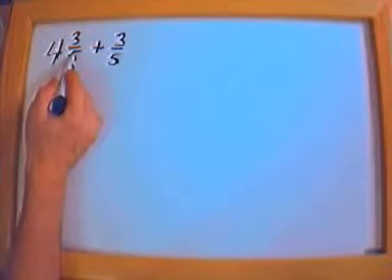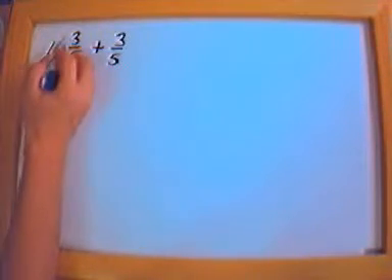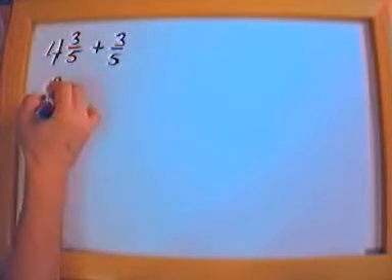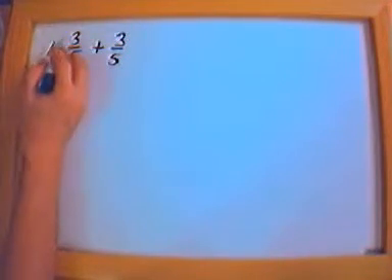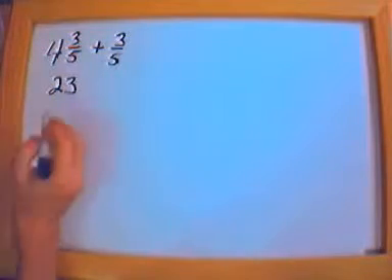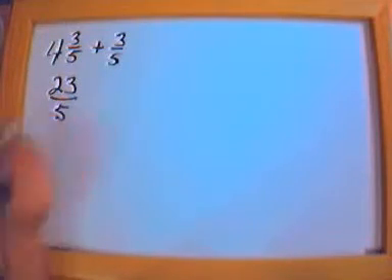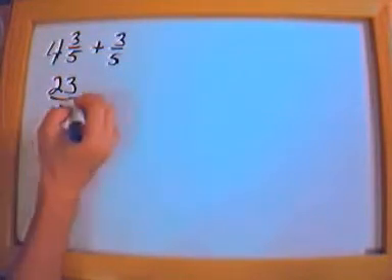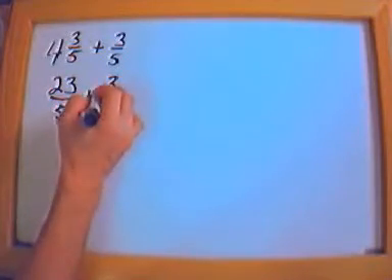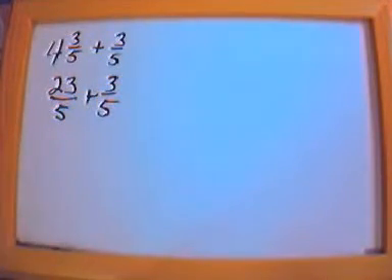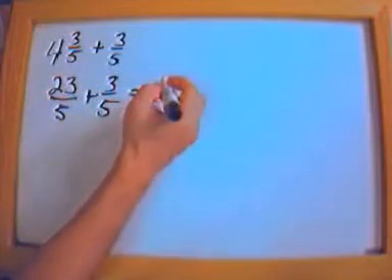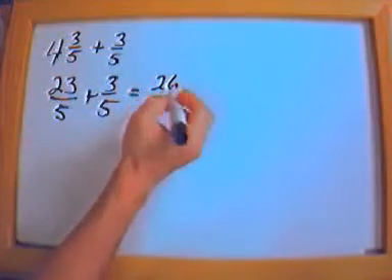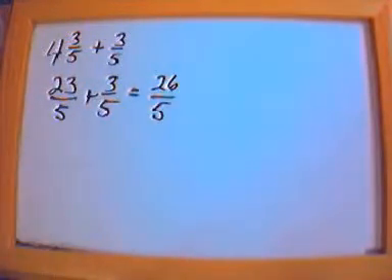The way you do that is you take 5 times 4 is 20, and you add the top, which is 3. 23, write that down. So you multiply here, you add here, you get 23. And then you just keep the bottom number 5. Okay? And then you just carry over the second part of the problem. Now you've got a fraction you can add. 23 plus 3 is 26 over 5.